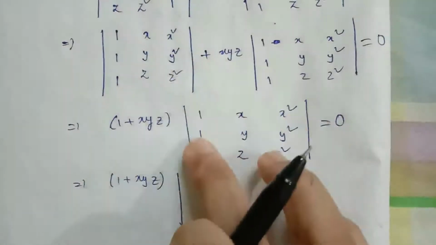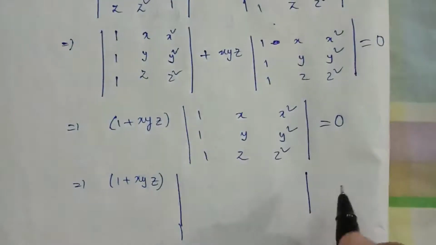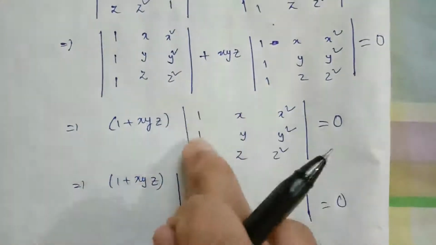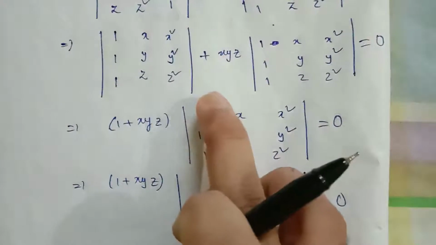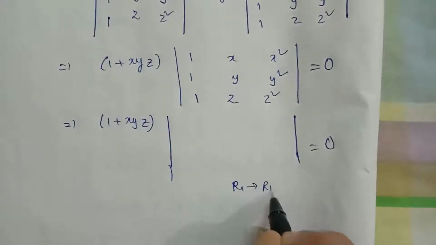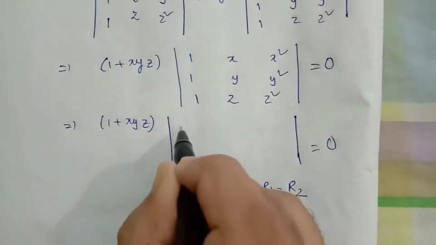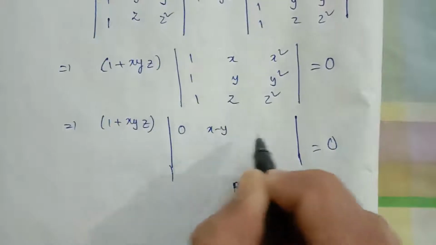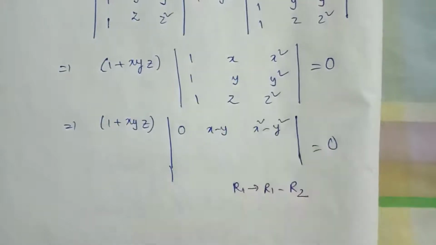You can see 1 1 here in the first row, in the second row there are same elements. So if we replace r1 by r1 minus r2, our r1 will be 0, x minus y, x square minus y square.